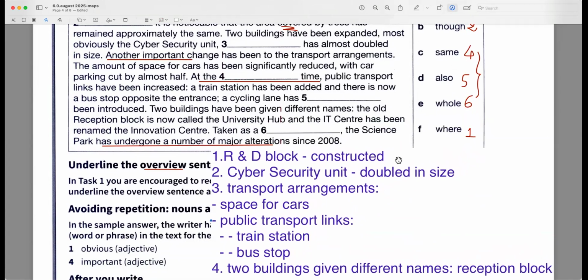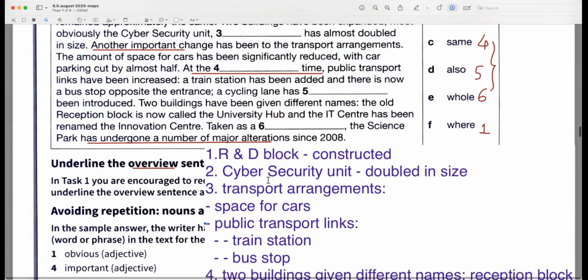Now let's look at the overview sentence again. Okay, Ngọc, can you read aloud the overview sentence, the final sentence? Has undergone, has experienced, has witnessed, has seen a number of major alterations. Instead of saying main, we have major alterations.